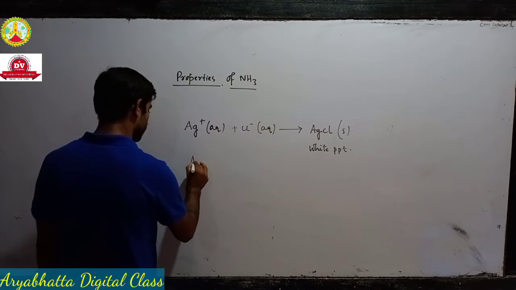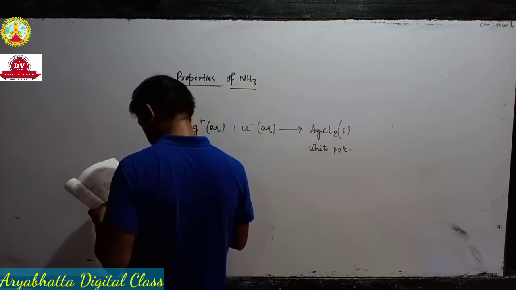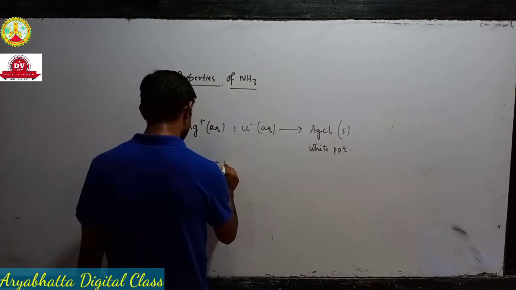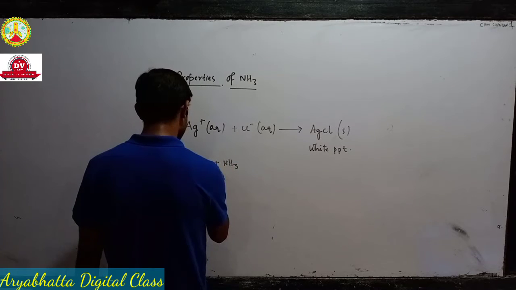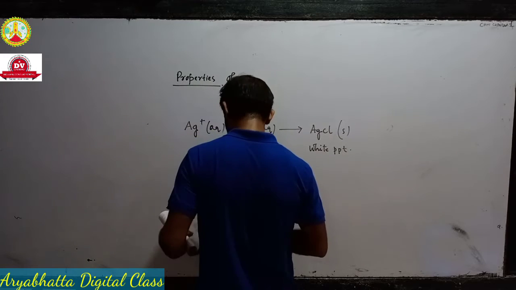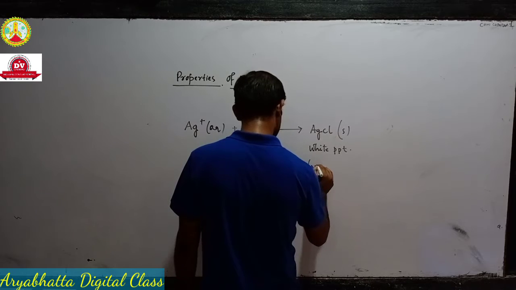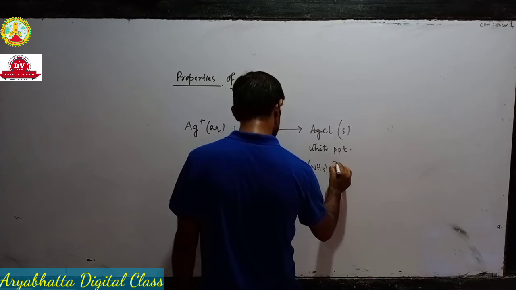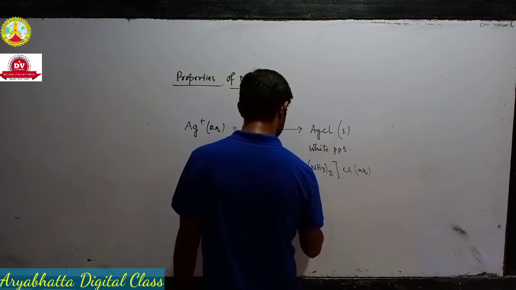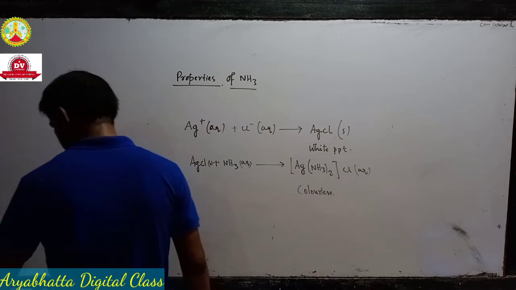Now this AgCl, when it reacts with aqueous ammonia, will form a colorless complex.